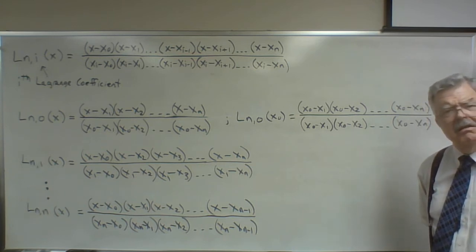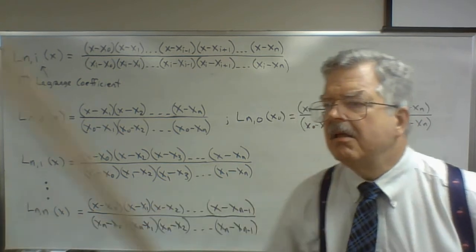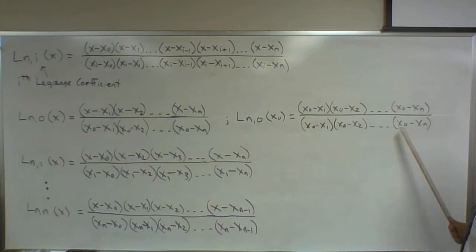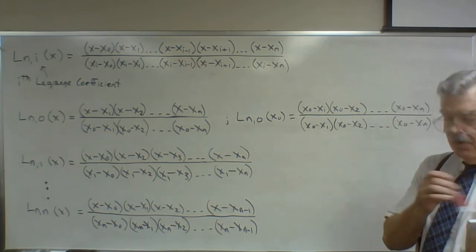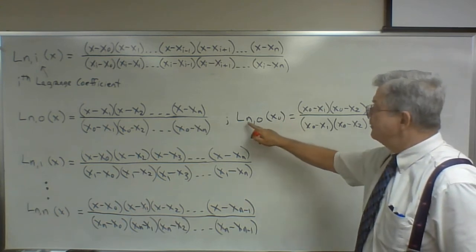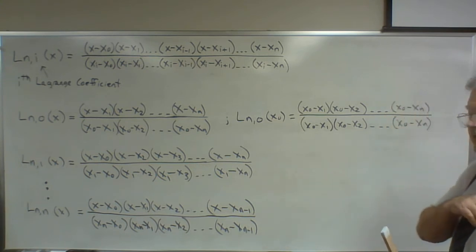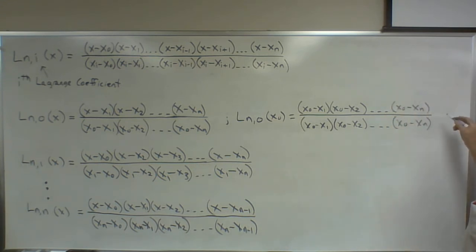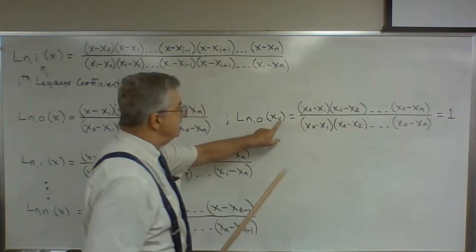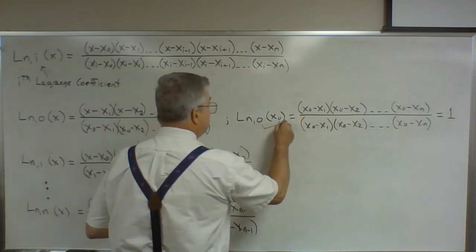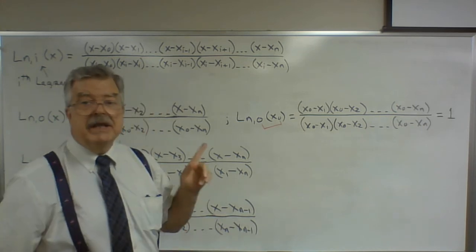Son of a gun. The factors up top are exactly the same as the factors in the bottom when we plug in x of 0 into the zeroth Lagrange coefficient. And we're going to get, son of a gun, 1. When we plug x of 0 into the zeroth Lagrange coefficient, we get 1.